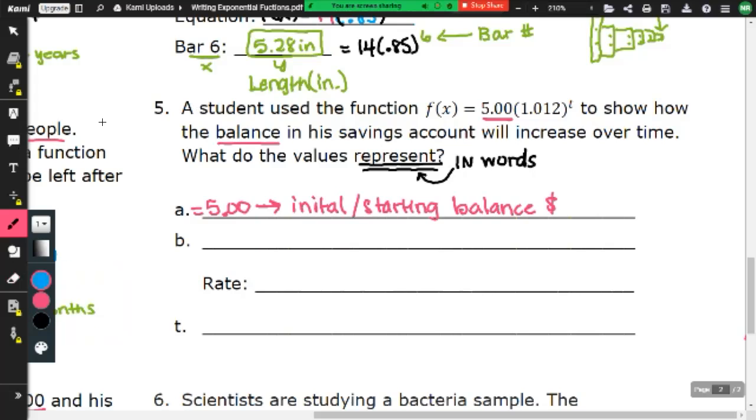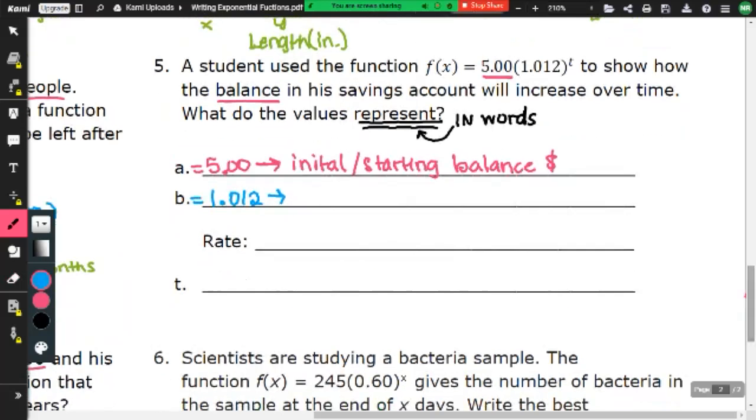Next, B. B is your factor. What is the factor? 1.012, okay? What does that 1.012 describe? Increase, because that number is bigger than 1.